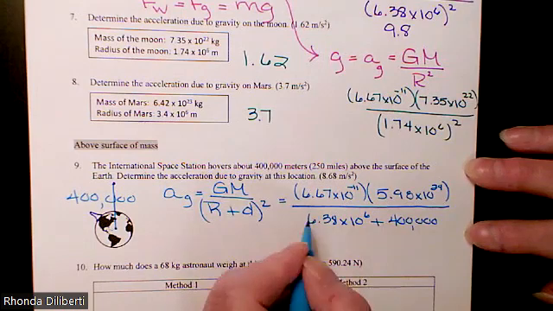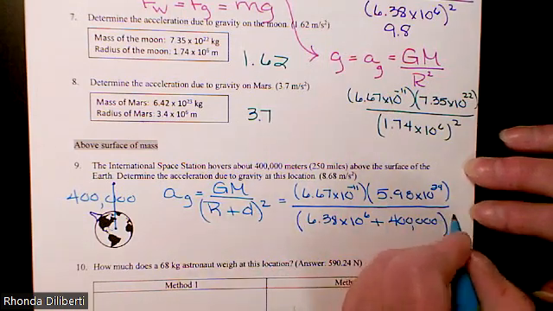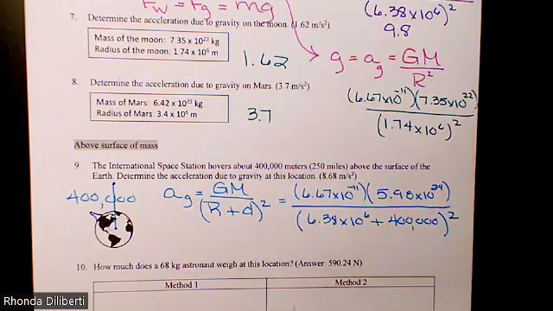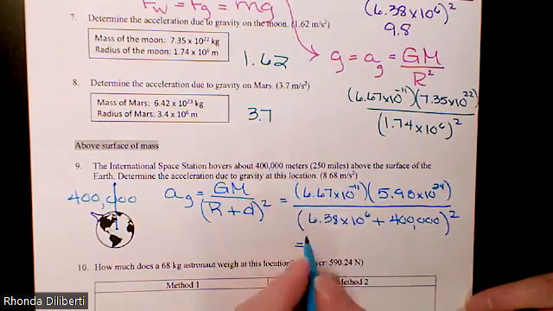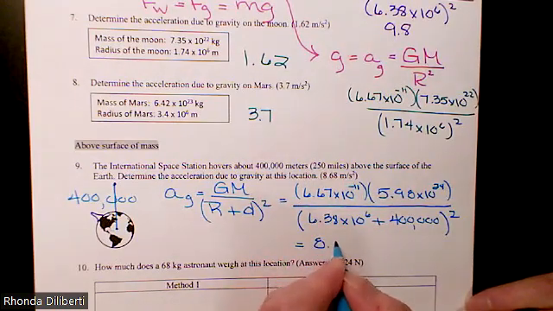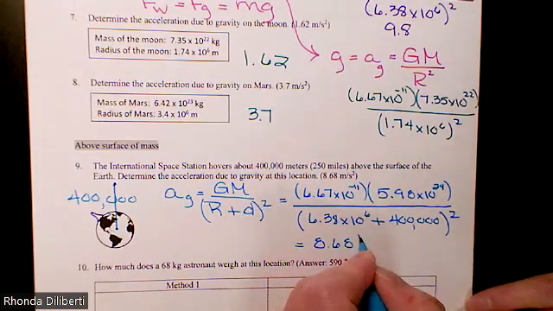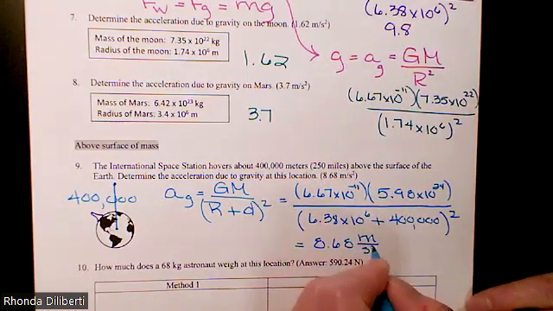So I have to add first, then I have to square. Again, please take the time to put this in your calculator to make sure you're keystroking correctly, and ask your teacher if you're having problems getting the answers out of your calculator. So the acceleration due to gravity at the International Space Station should turn out to be 8.68 meters per second squared.